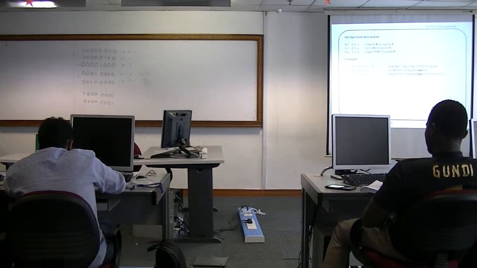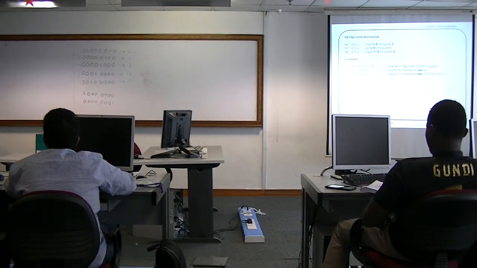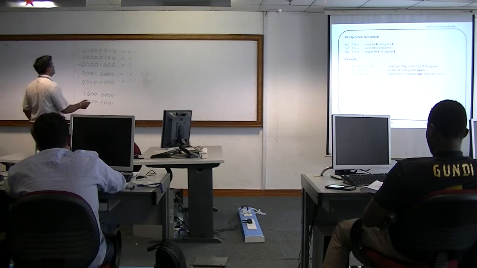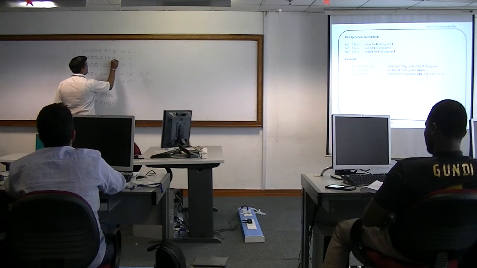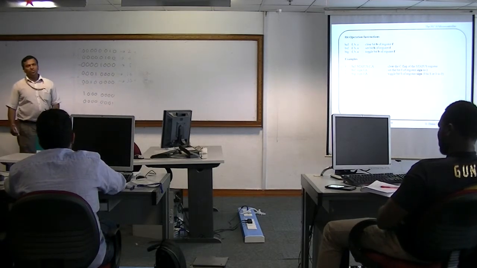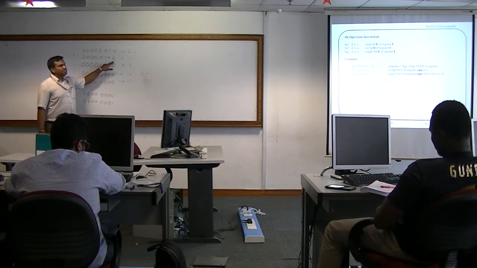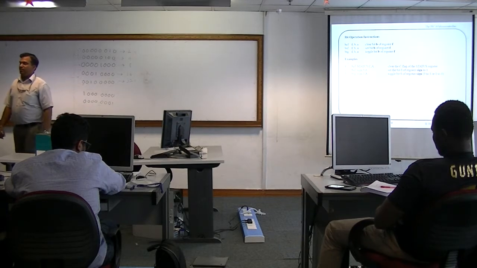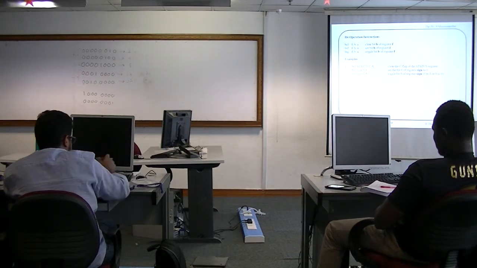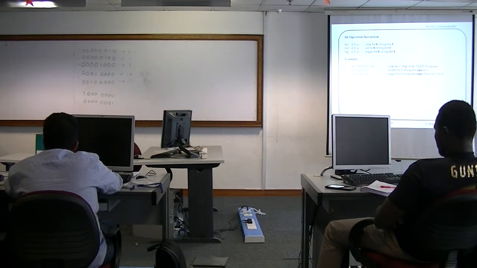Any question up to this point? Yes or no? So likewise, when you divide, this also holds the same rule. The least significant bit must be 0. Why must the least significant bit be 0 for division?